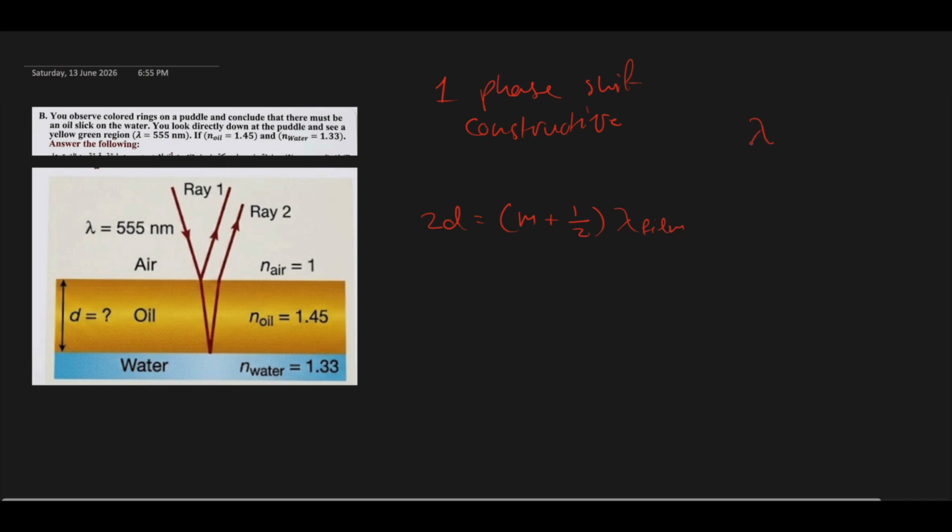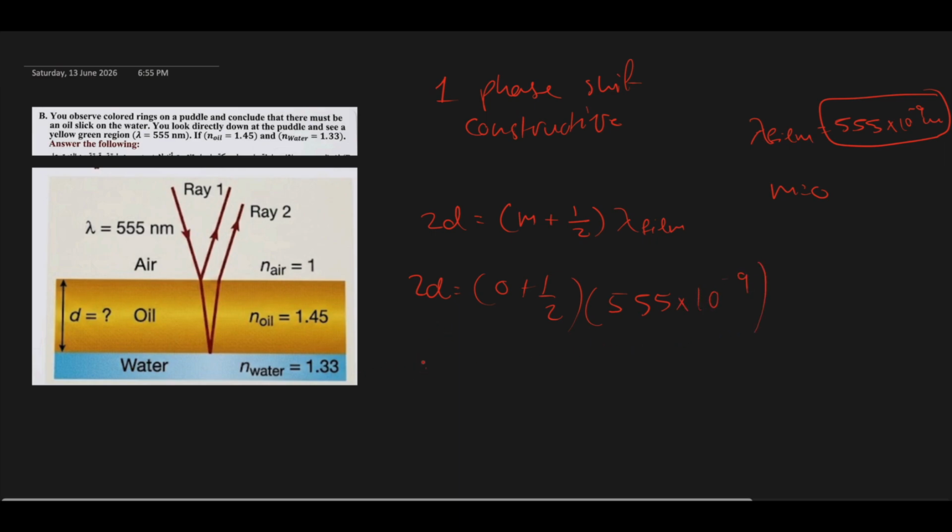So we know lambda of the film here is 555 times 10 to the power of negative 9 meters. And what do we know as well? We know that in order to find the smallest d, we will have to use m equal to 0. This is for the minimum. So 2d equals (0 plus 1/2) times 555 times 10 to the power of negative 9.